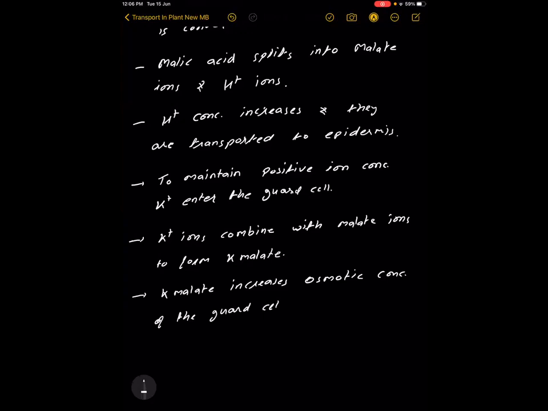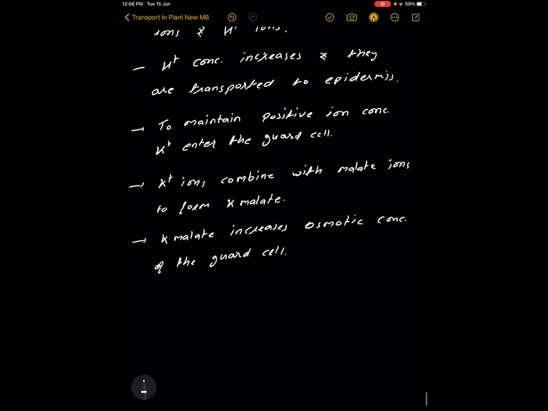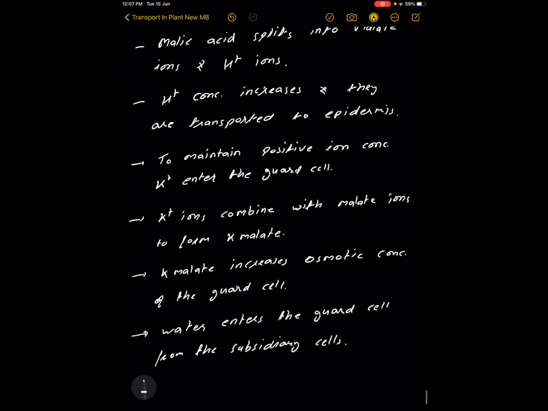So concentration increases. Water enters the guard cells from the subsidiary cells.